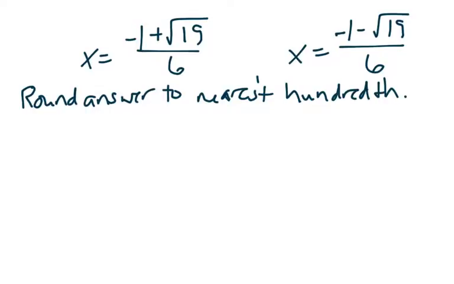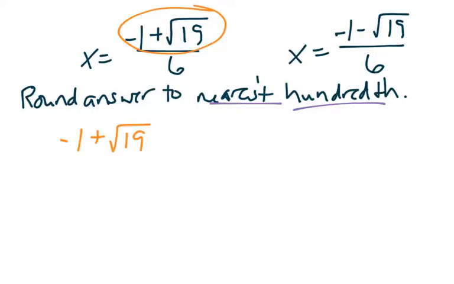This is the hint that you're going to be using your calculator to find the final answer, that we don't want to leave it in this format. The way we do that is that we type into our calculator the top of the expression. So we'll type in negative 1 plus the square root of 19, and then we'll hit enter.